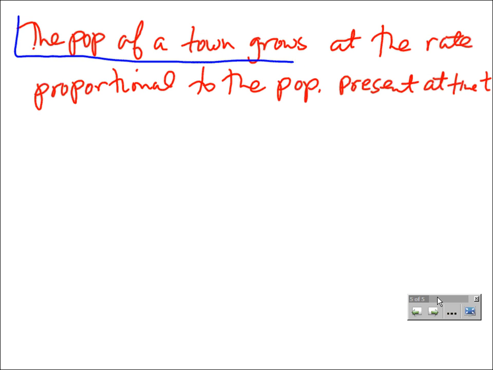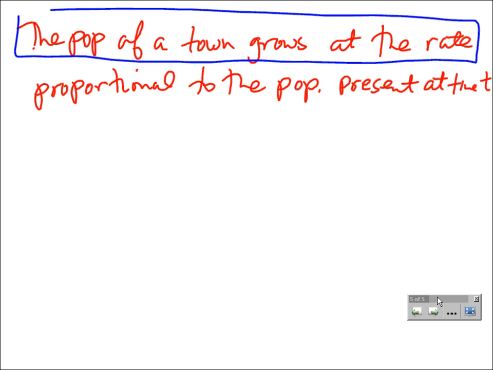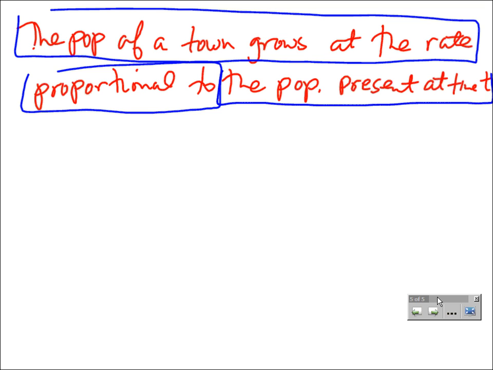So it's this part and that part and then that part.